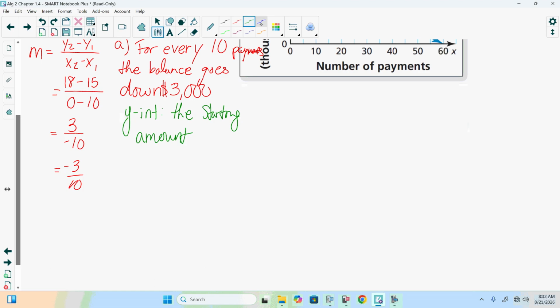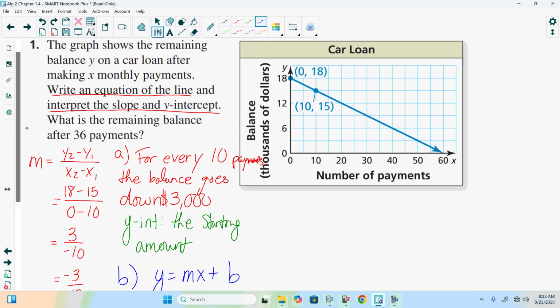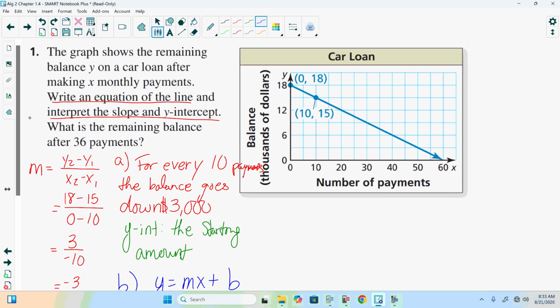Well, this is good for us because we know the slope and the y-intercept, yes? What's our slope? Negative 3/10. What's the y value of the y-intercept? Because this is the y-intercept, yes?